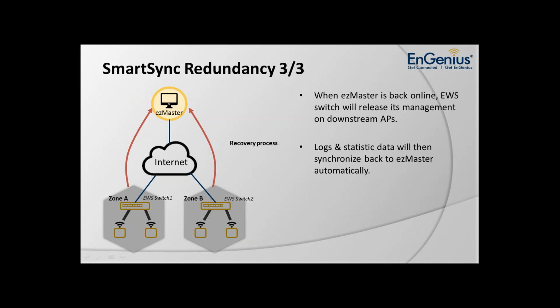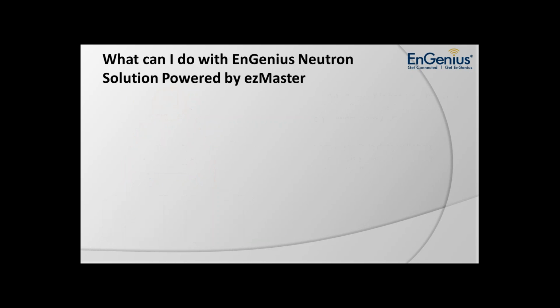Okay, so this in short about the hardware. Just repeating what I just told. We have our ezMaster, we have our Neutron solution, which consists of access points and switches.